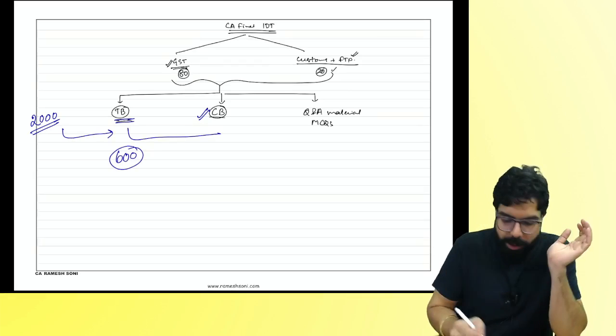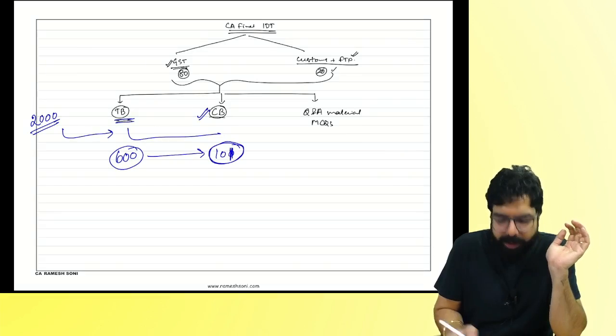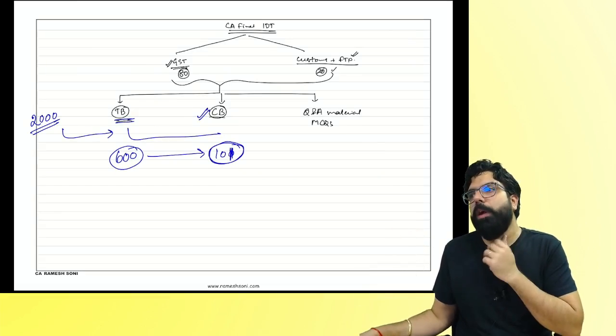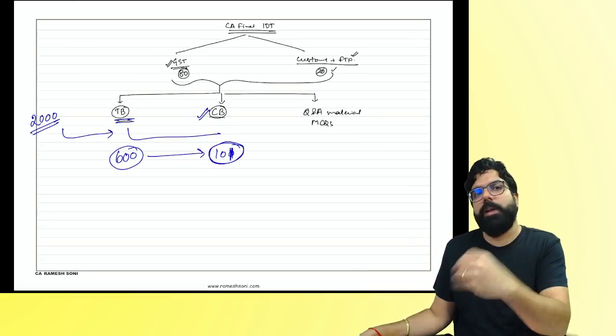Further going ahead, I have made the chart book, which is 101 pages to be more precise. In 101 pages we'll be covering the entire GST, customs, and FTP.